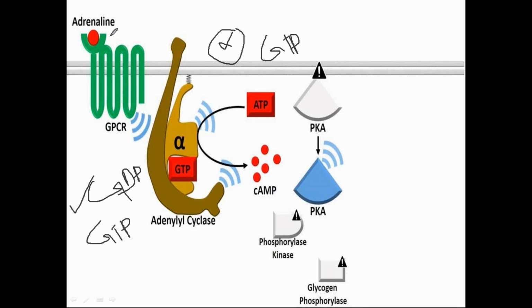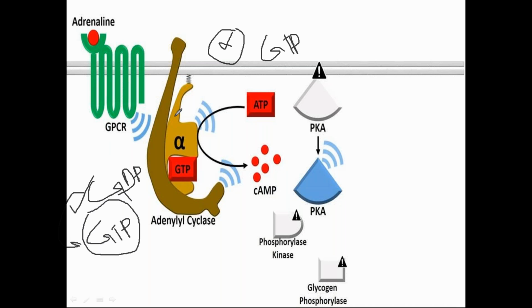But as soon as the agonist is binding, what will happen? There is an inherent GEF property activated. What is this GEF property? That is guanosine nucleotide exchange factor. The GDP will be removed and the GTP will come and bind with this alpha subunit.